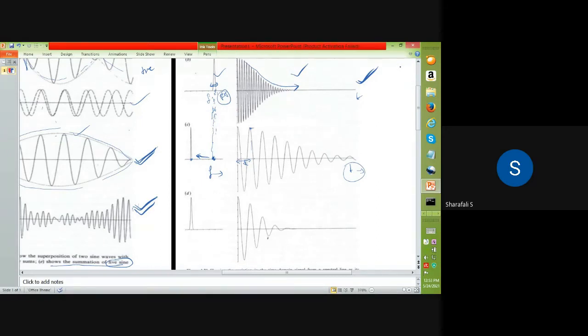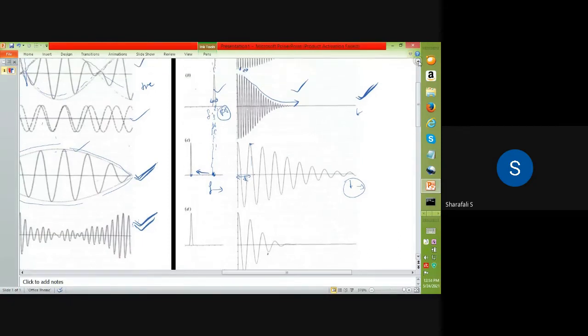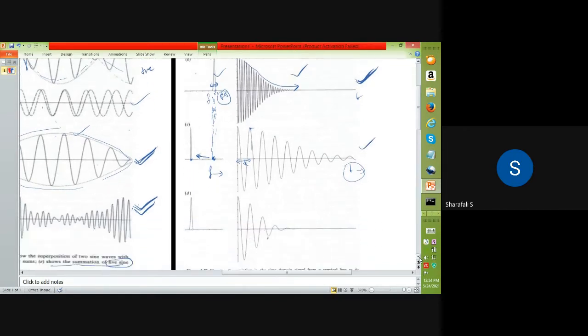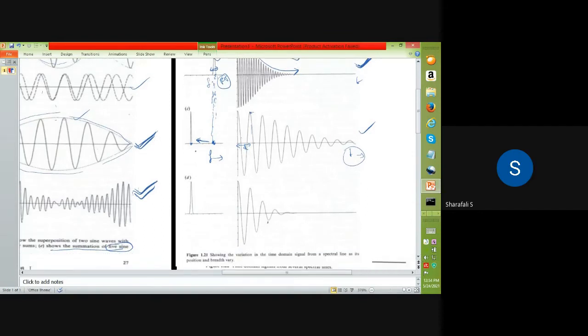If you take the time and then take the inverse of that, the frequency will be smaller here, and the frequency will be larger in this case.